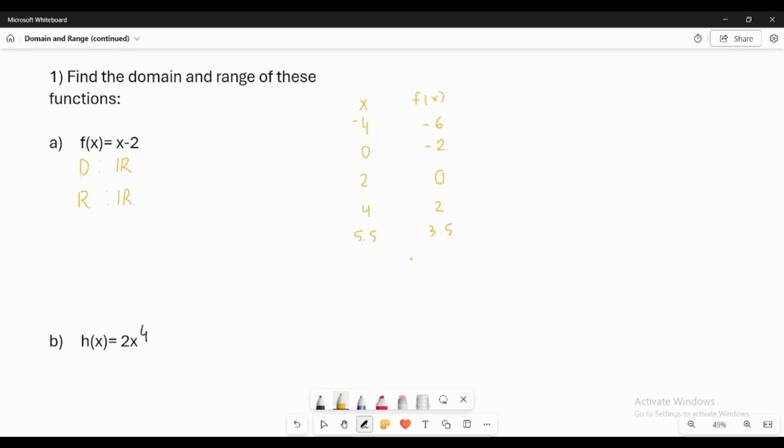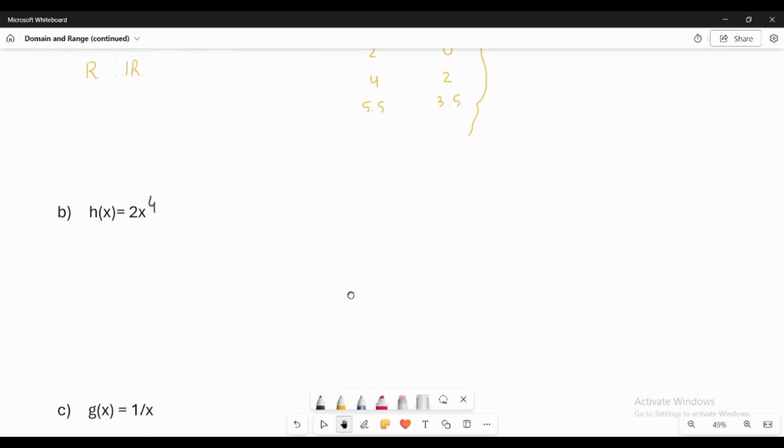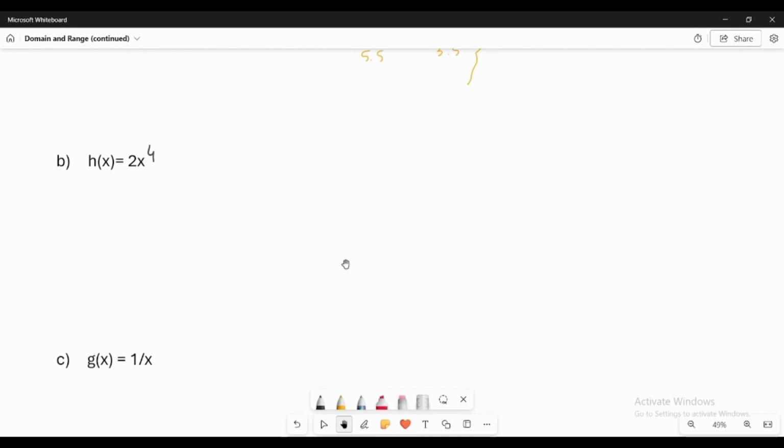So you can see here that whenever we are taking any real number value for the input x, for the output which is f of x, we are again getting a real number. That means here your range is going to be the set of real numbers. Now let's move on to the next question. So here the function is h of x equals 2x to the power of 4.